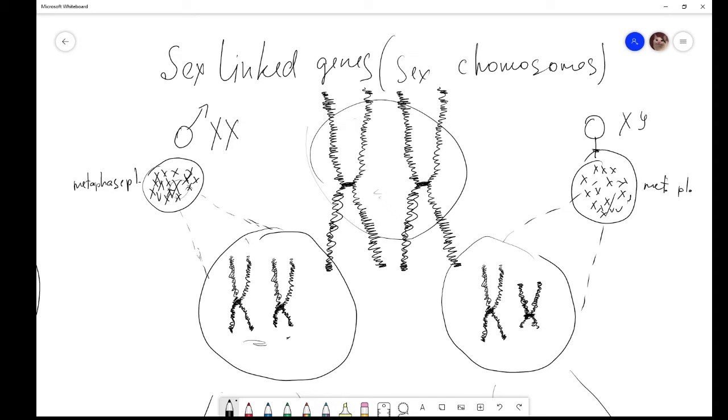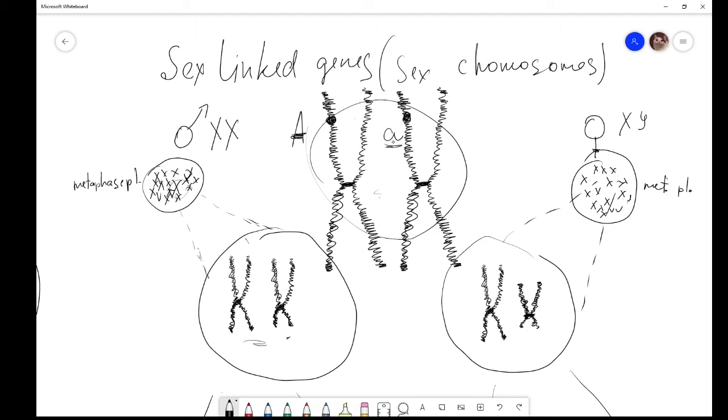For example, this chromosome has a copy of a gene that codes for brown eye color, and this pair has its allele, a gene that codes for blue eye color. Okay, I hope it is understandable.